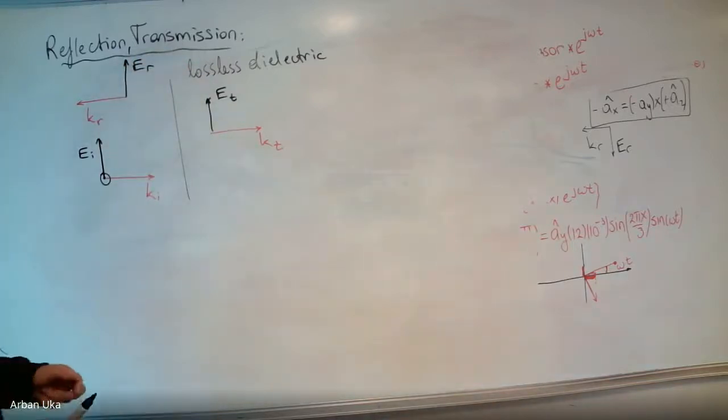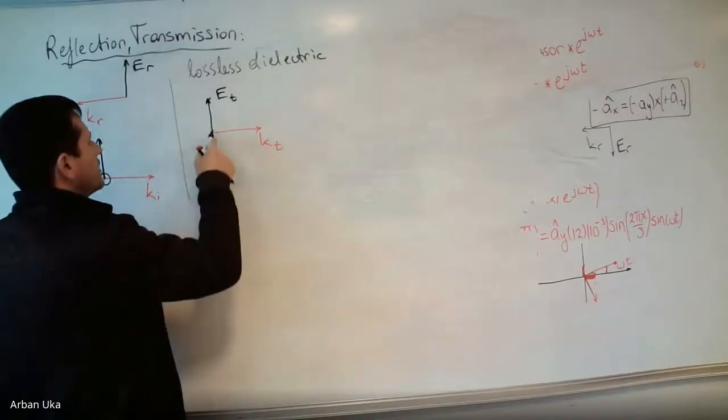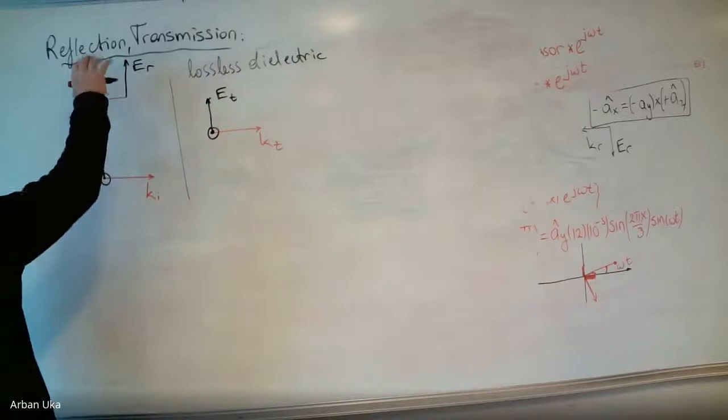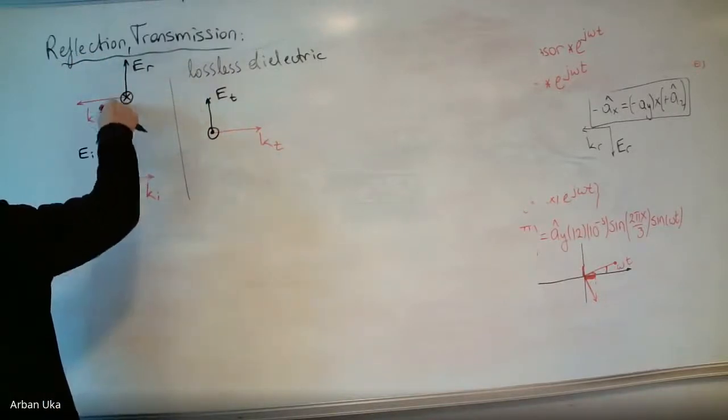We draw this like this, and then we try to determine the corresponding directions of the magnetic field. So here we observe that the magnetic field vector is going to point down.